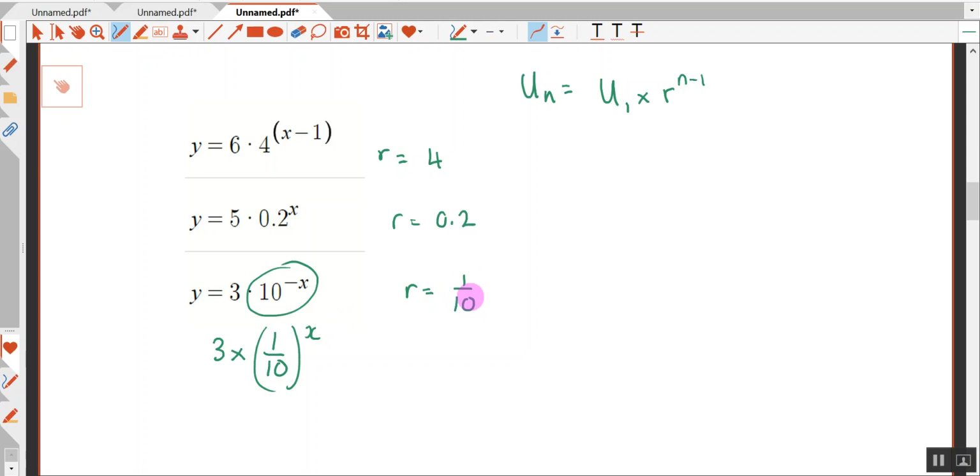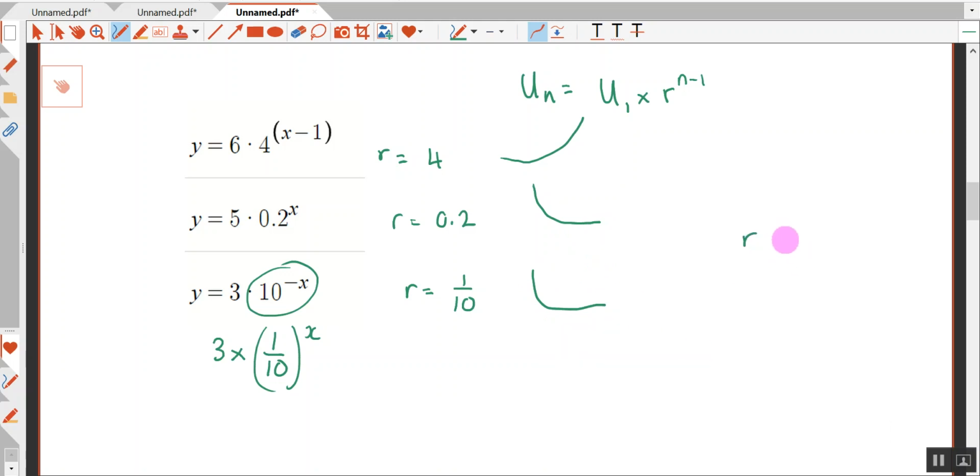And what do we know about the behavior of those? Well, this one went up. This one went up. So what's the common thing, do you think, about the ones that go down? Below 1.